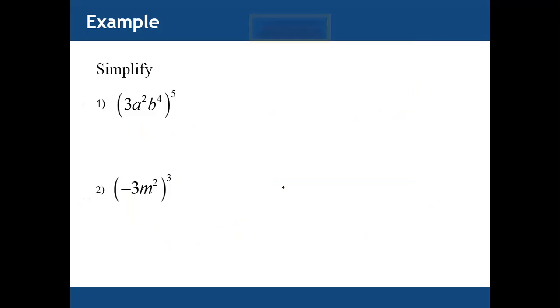Okay, how can we simplify this one? We have (3a^2b^4)^5. This means this power 5 is for all.